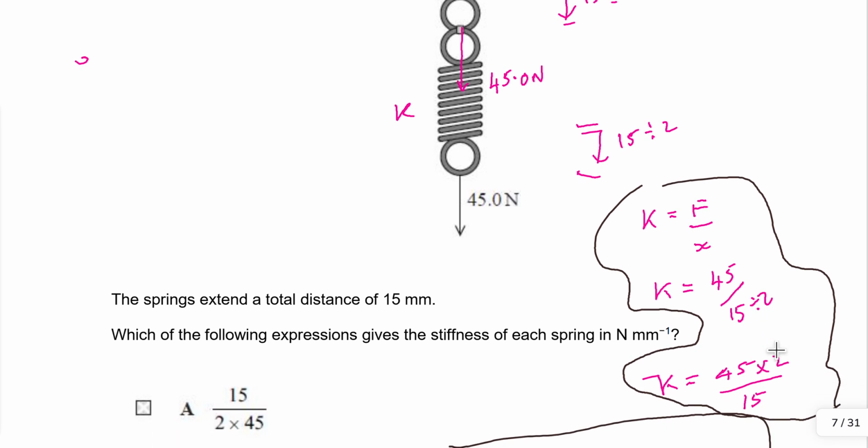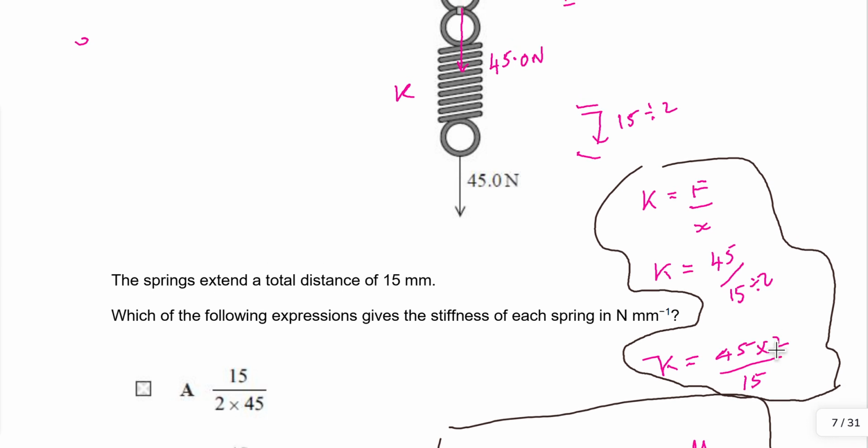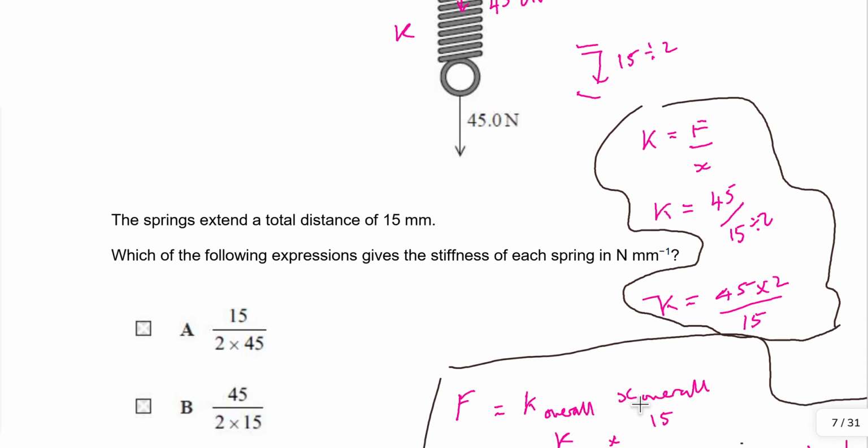The reason I haven't said 7.5 is because they haven't written that in the answer, so I'm leaving it. Rearranging and tidying that up, looking like the answers, K is equal to 45 times 2 over 15, and the answer is D.